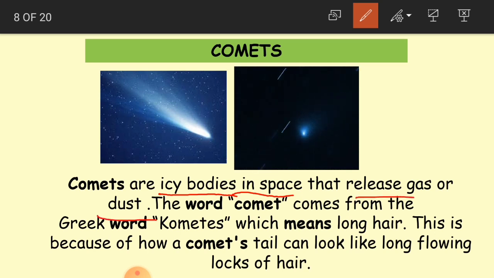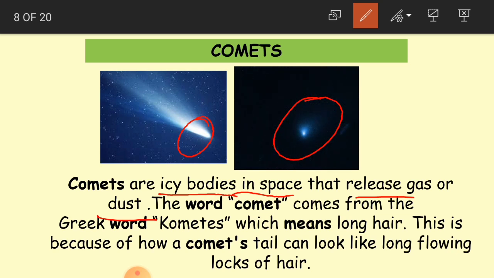So these comets are going to release gas or dust. We learned that in space, in the solar system, in the galaxy, we also have gas and dust. So these comets are the snowy bodies in space which are going to release that gas or dust.